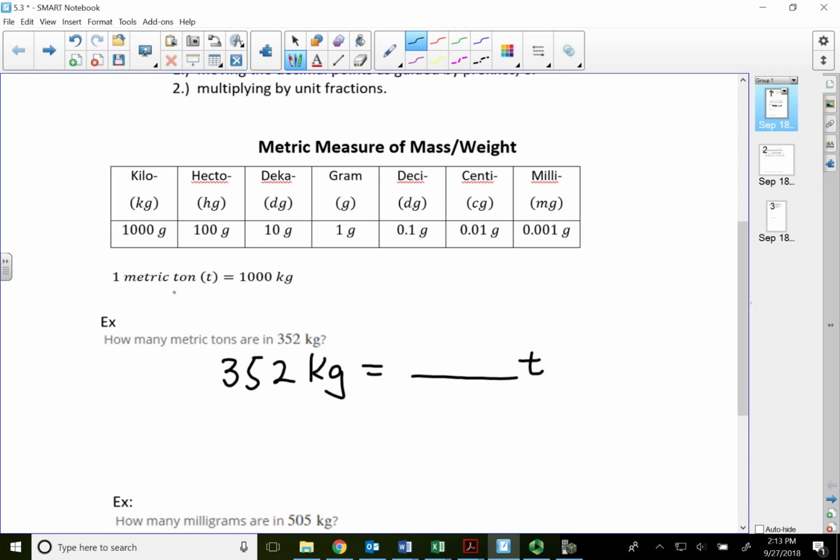If you look at the ratio, 1 metric ton is 1,000 kilograms. That makes the metric ton a larger unit and the kilogram a smaller unit. Even though kilogram has more numerical value in front of it, the metric ton is still bigger. Think about this: you give me 1 metric ton, but in return I have to give you back 1,000 of my kilograms.